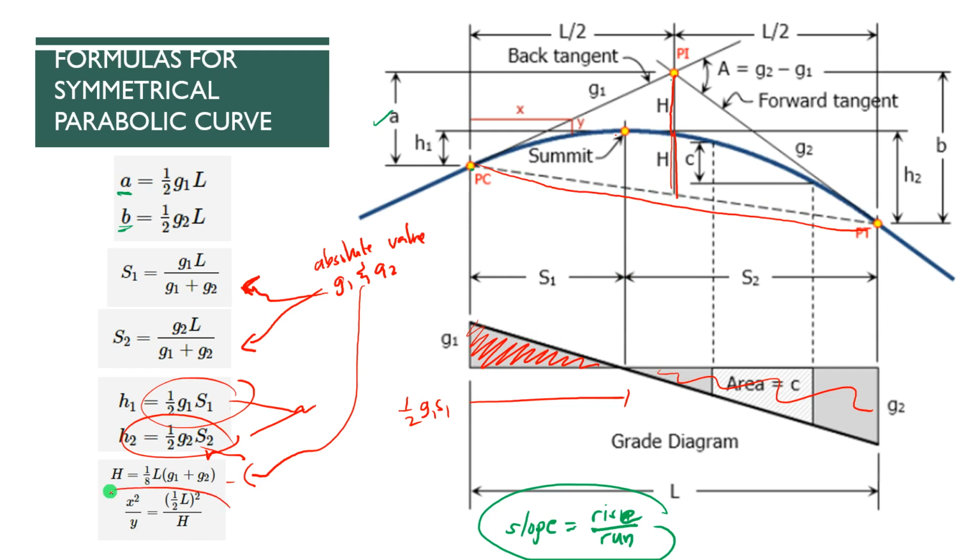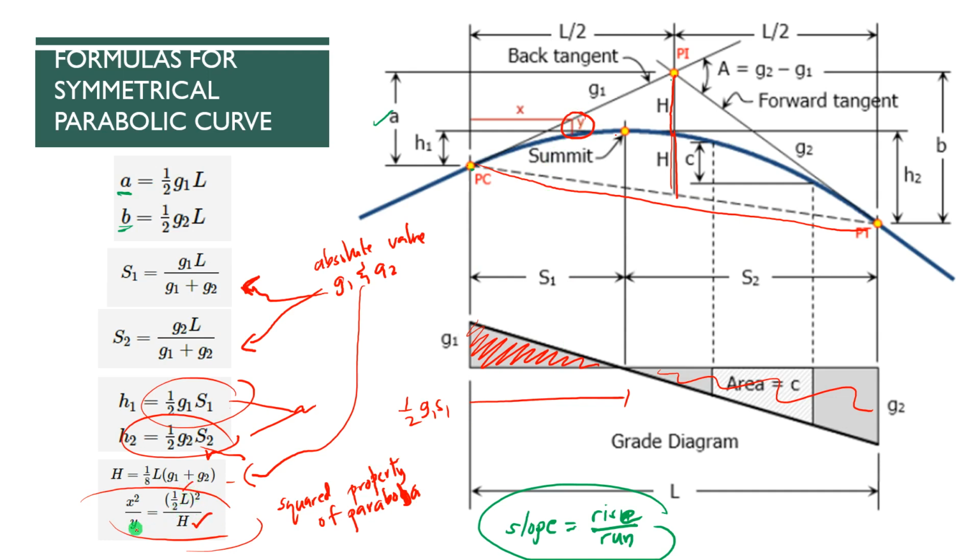Another useful formula is the squared property of the parabola. Using this, we can compute the value of y, but it's required to have the value of h.